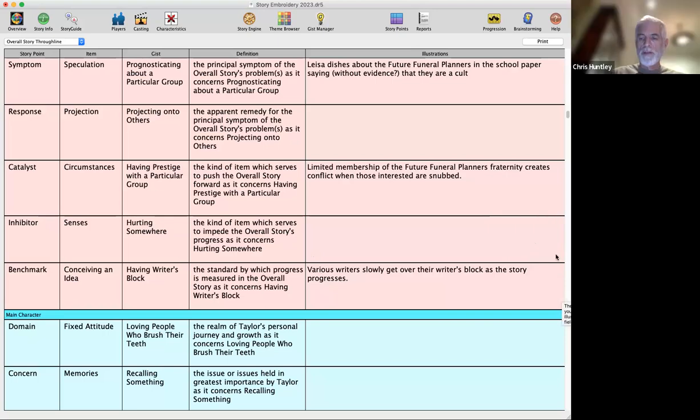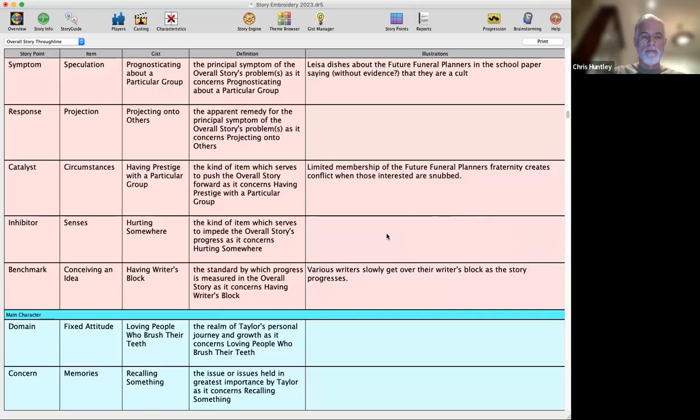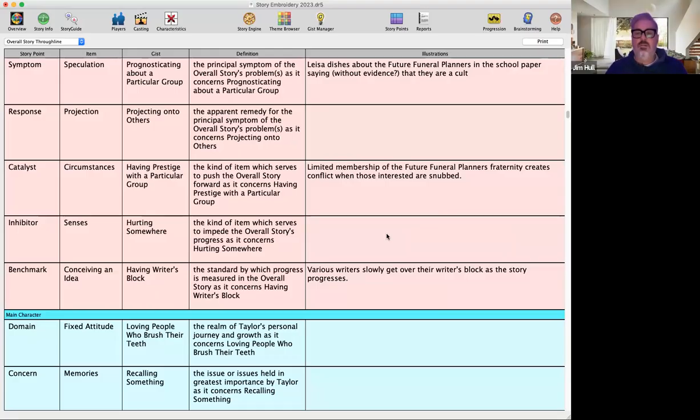Okay, so back to you, Jim. Okay, so just right above, the inhibitor of senses. I originally read that as hurting someone, not somewhere. So I think it'll still work, but this is 84, and maybe one of their floats is making fun of fallout from nuclear radiation or nuclear holocaust.